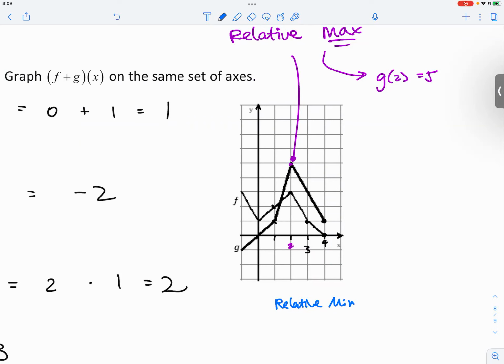When x is 0, this part right here, f of 0 is equal to 1. So now, can you see what we mean by a relative maximum and minimum? Think about how relative. It has to go up and down. That's a relative maximum. A relative minimum would be something that goes down and then goes up again.